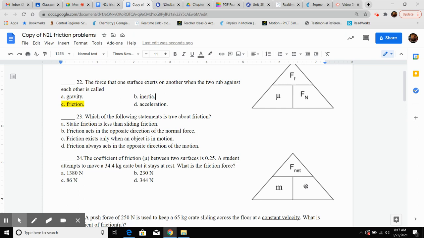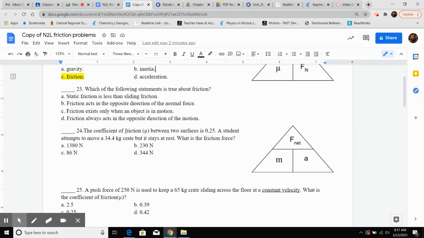So if I covered up A, you put your thumb over that, it's F net, the net force, over, so divided by the mass. If I were looking for mass, if I covered that up, it would be the net force divided by acceleration. Or if I cover up the top, put your thumb over that, if they're next to each other, you would multiply. All right, that pretty much works for any 3 variable equation.